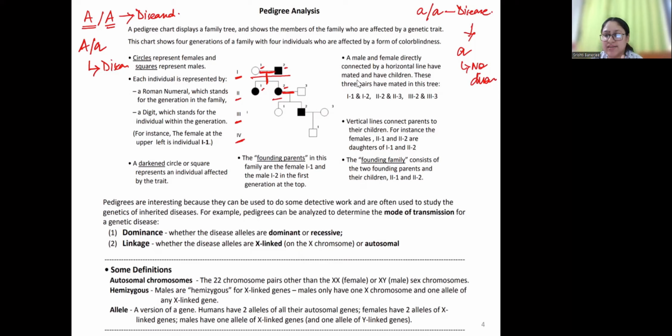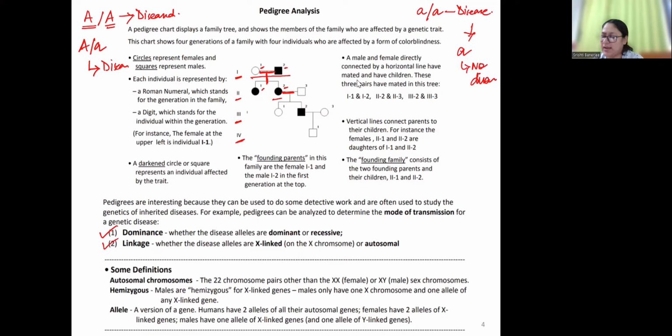Autosomal means the somatic ones, and X means the X and Y concept. X means it will come from the mother, or the mother will be a carrier, so it depends on the gender of the parent. So these are the two very important things: dominance and linkage, what exactly is happening. So we need to know.